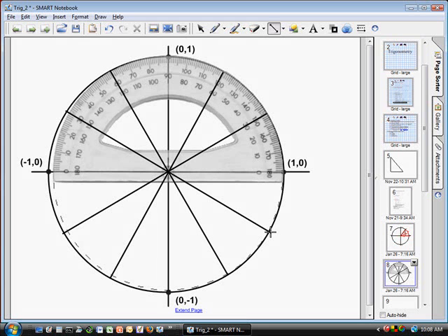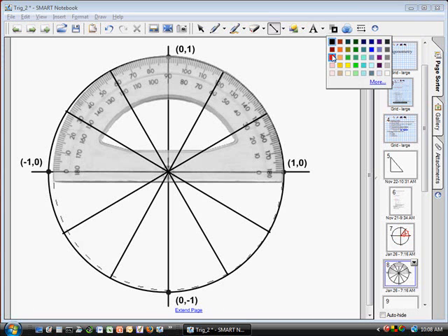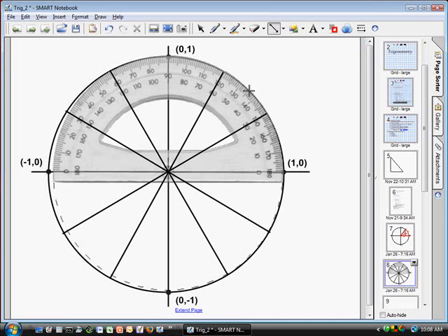So basically what we've got here, let me change colors, and with red, I'm going to also put in a 45-degree angle. And we'll do one over here too.